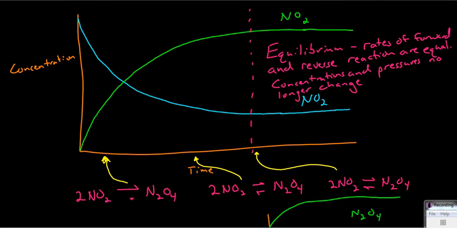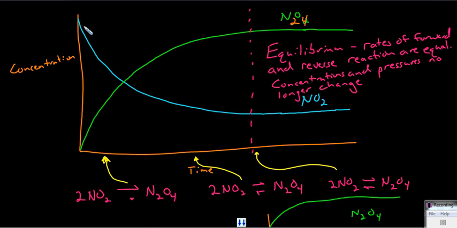Consider the case in which you start with just some nitrogen dioxide and no dinitrogen tetroxide. That nitrogen dioxide, as it begins to react, will decrease in concentration.